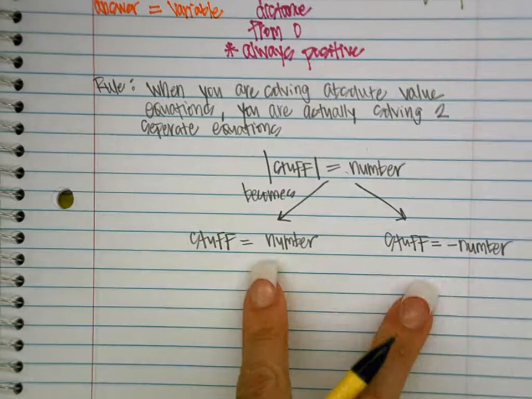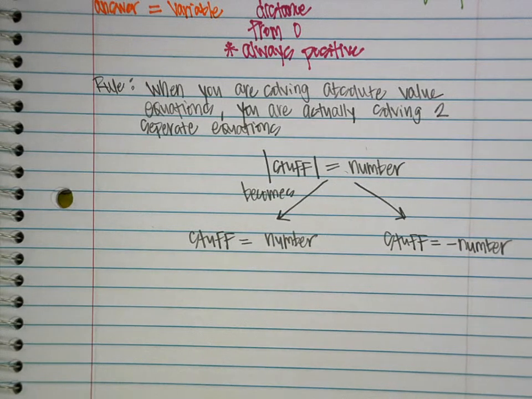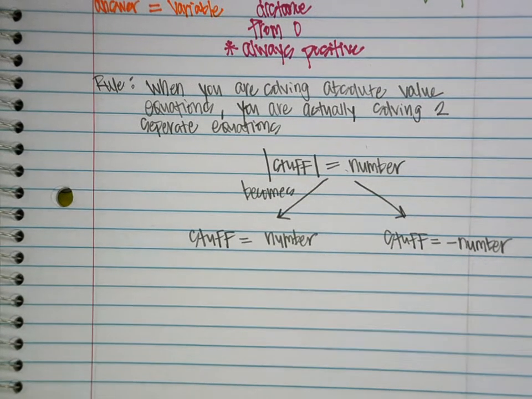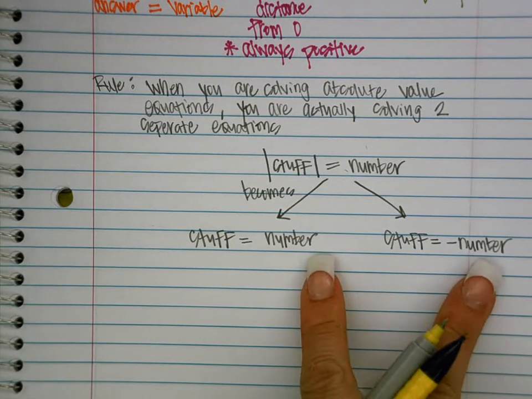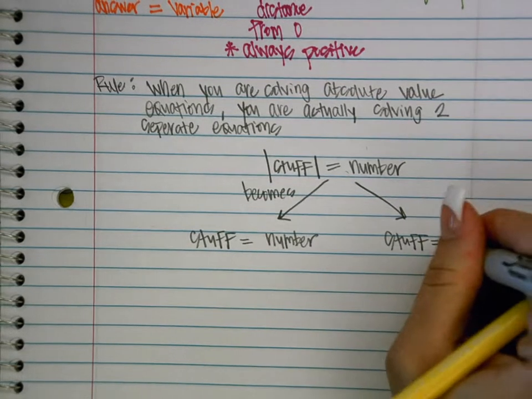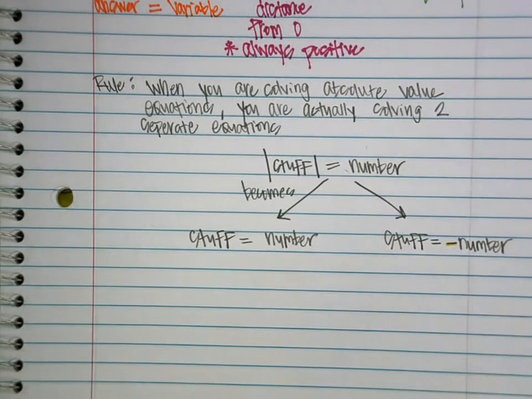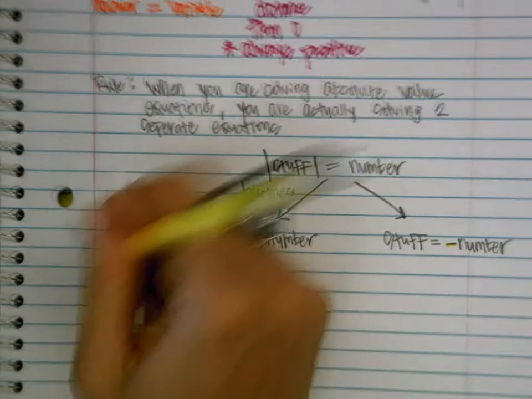Can anyone look at this and tell me what's different between the first equation and the second equation? What's the difference between them? The negative. The negative is where, though? Attached to the number. Does the stuff inside ever change? No. Okay, so make yourself a note.